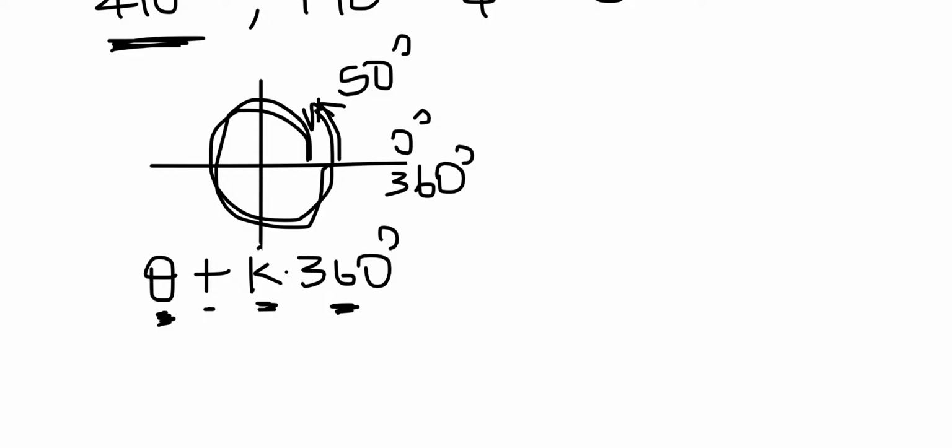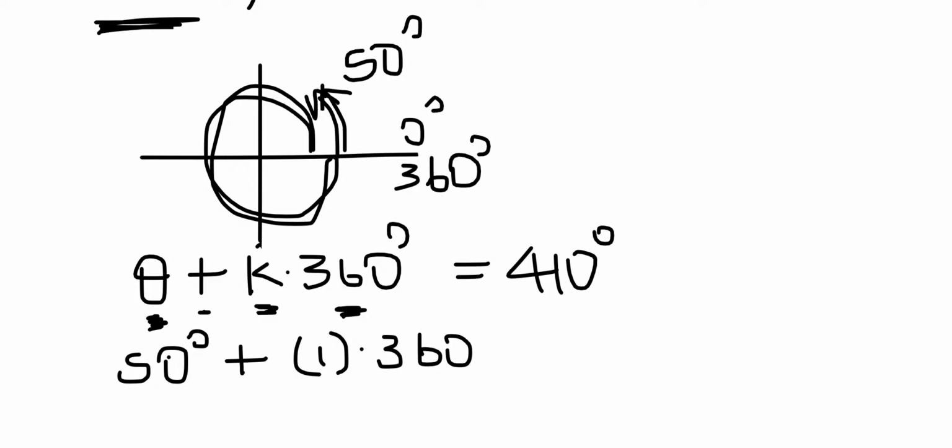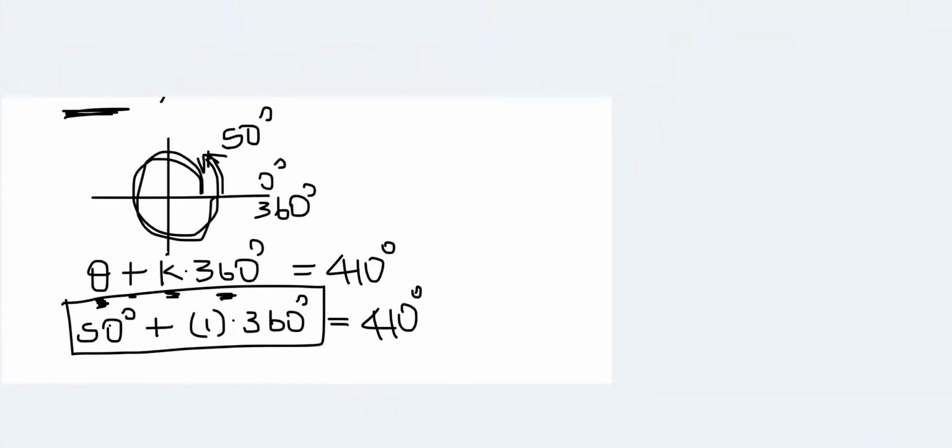So obviously that has to equal 410 degrees. So it's like we are saying 410 degrees is the same as 50 degrees that we add to 1 of 360 degrees, which equals 410. So can you see, we have just represented it in that format.